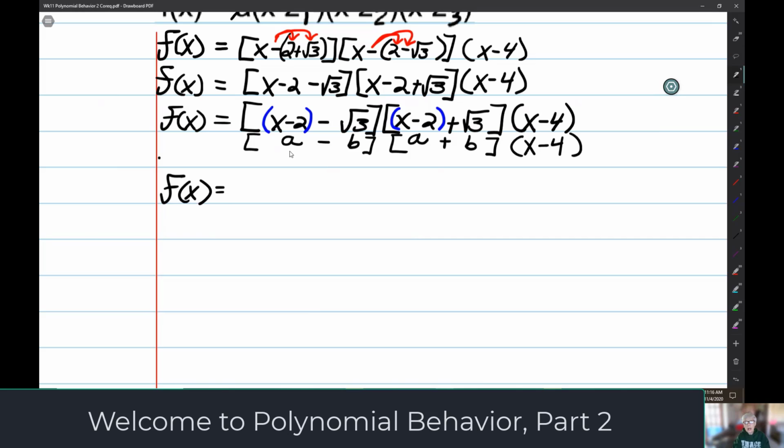Okay, so now I'm going to multiply A minus B times A plus B, and that will give me A squared minus B squared, times x minus 4.